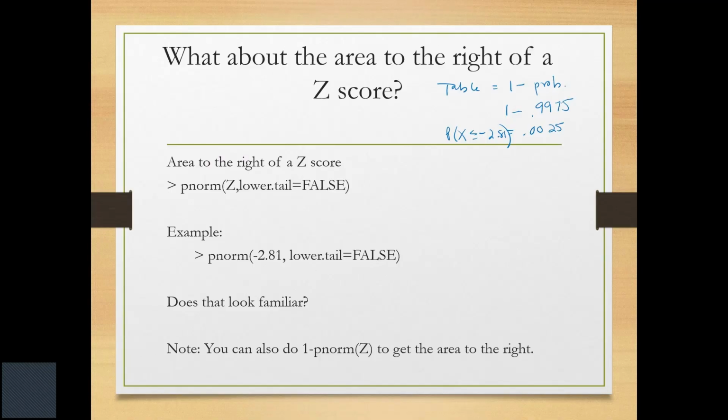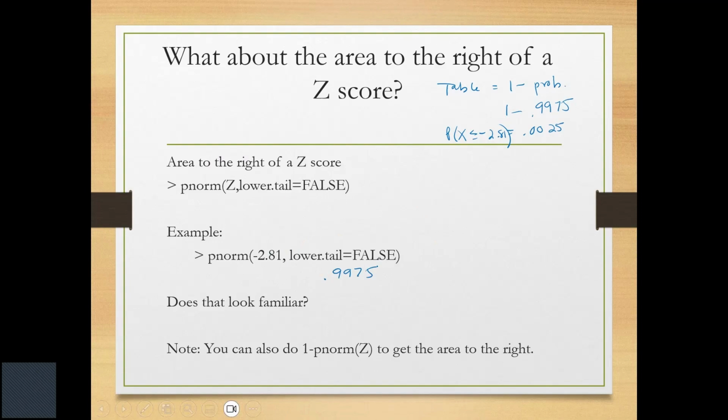To do it in R, you need to add something to your command. You add lower.tail equals FALSE, put it in caps. So if we put in p-norm -2.81 lower.tail equals FALSE, we will get, now remember this is the negative that we're looking at, so we will get 0.9975.